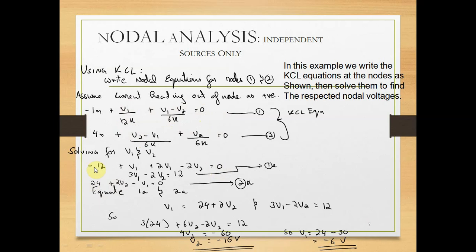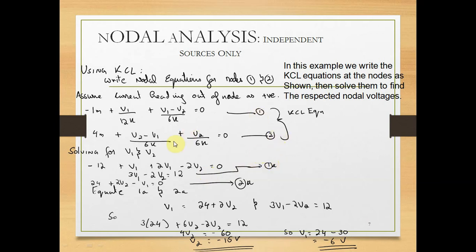Hence the equation is minus 12 plus V1 plus 2V1 minus 2V2 equal to 0. So 2V1 plus V1 is 3V1 minus 2V2, which is equal to 12. This is equation number 1a.